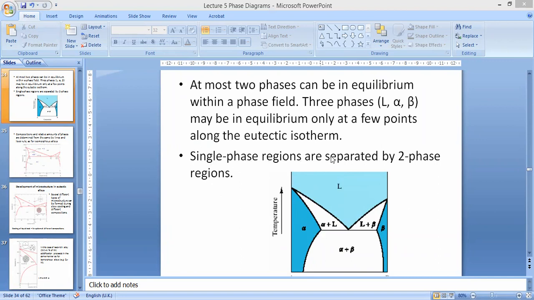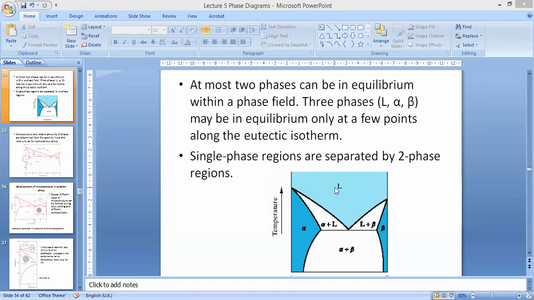Single phase regions are separated by two phase regions. This is a single phase region, this one is single phase, and this one is single phase. So nowhere in eutectic systems would you have these single phase regions in line with each other.